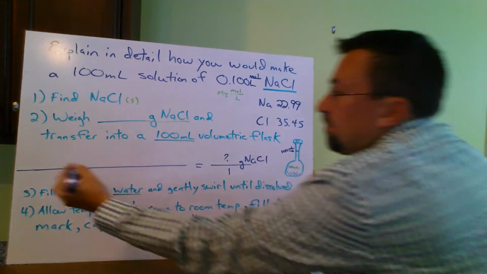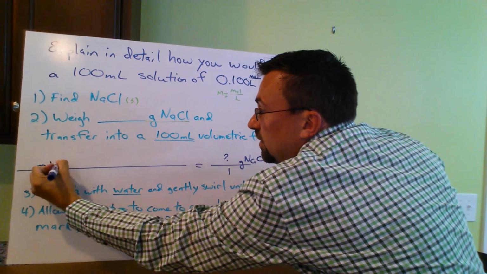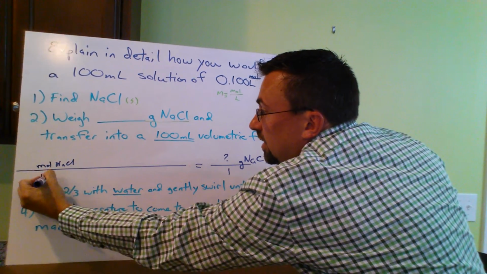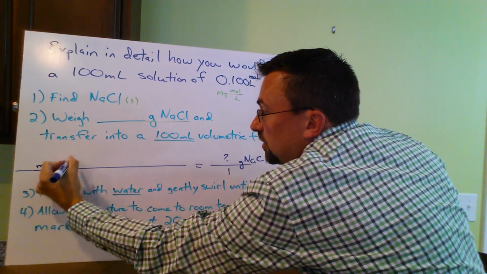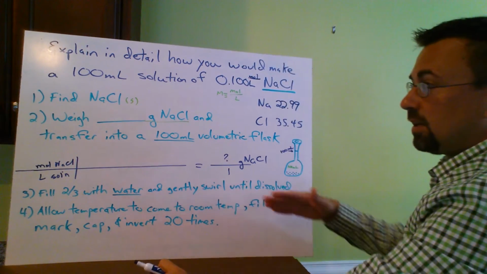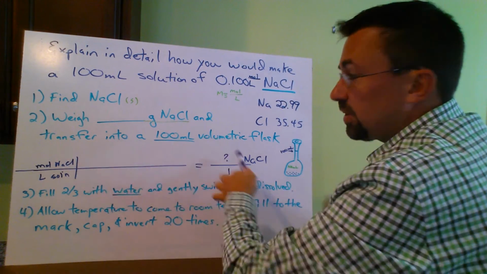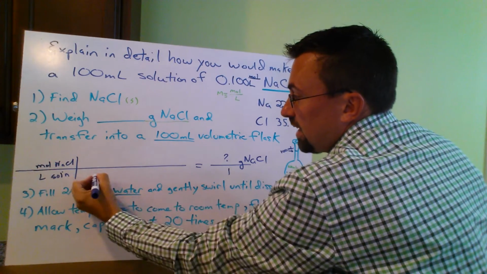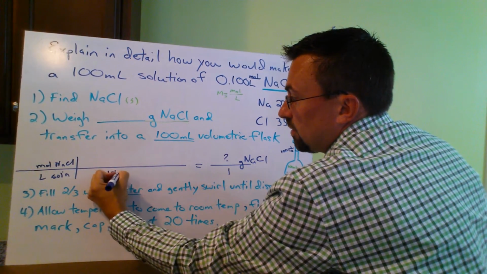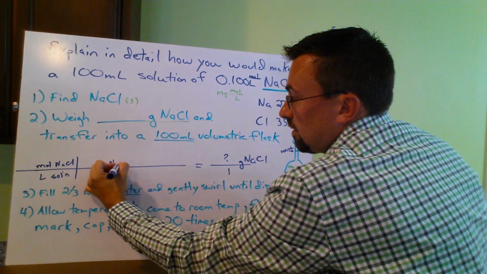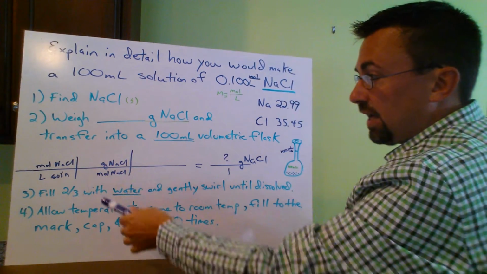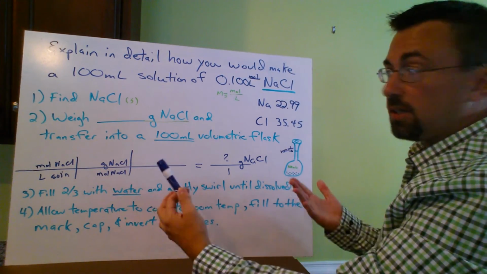If grams is on top, we certainly want moles of sodium chloride on top here, and this is going to be liters of solution. Now, let's take care of the top. We want to go grams to moles. That's formula weight. Moles is on top. Cancel it out. We put moles here. And we now have grams per liter, which is pretty good.